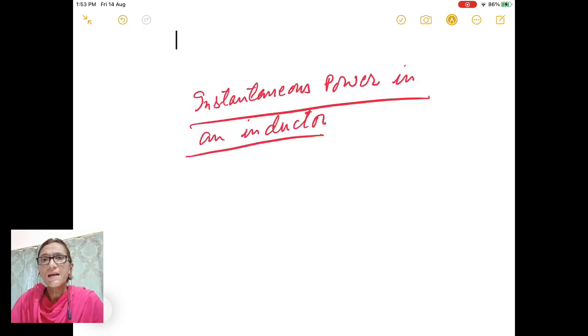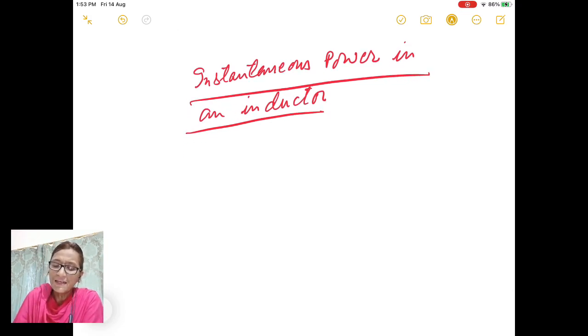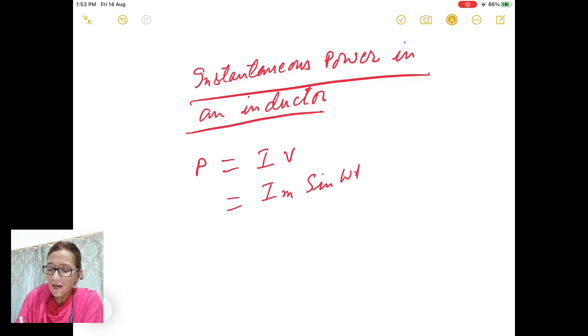It is inductive reactance which offers resistance to the flow of current. So what is the instantaneous power utilized in overcoming the inductive reactance? Let us find the instantaneous power in an inductor. Power is equal to IV, and your current I is equal to current amplitude sine omega t minus pi by 2, and voltage is voltage amplitude sine omega t.